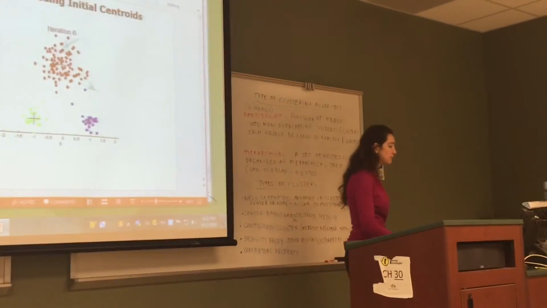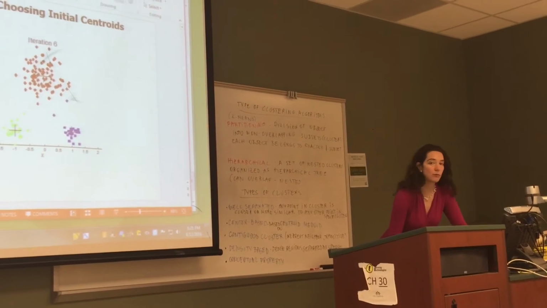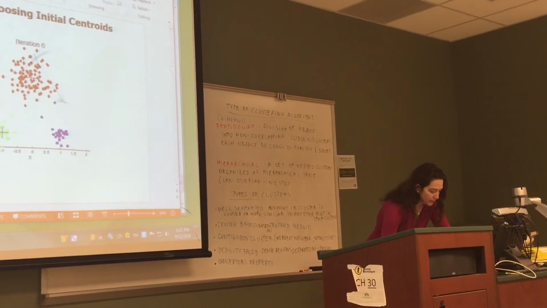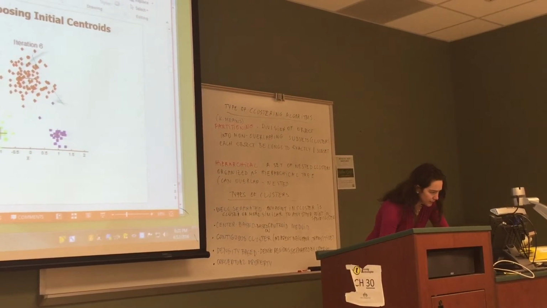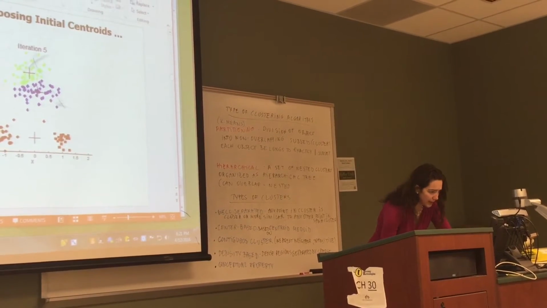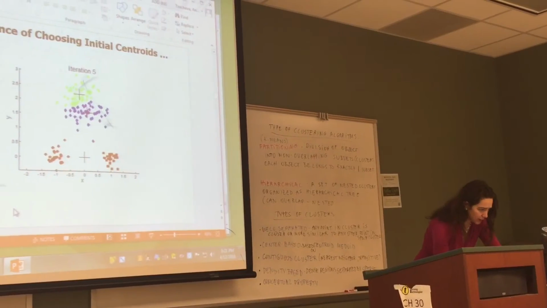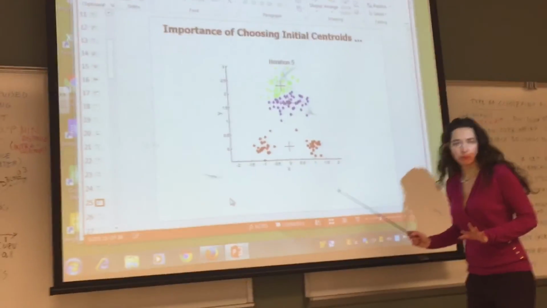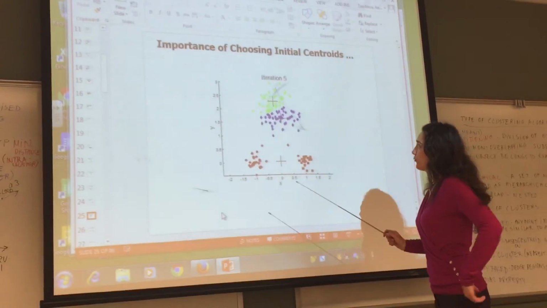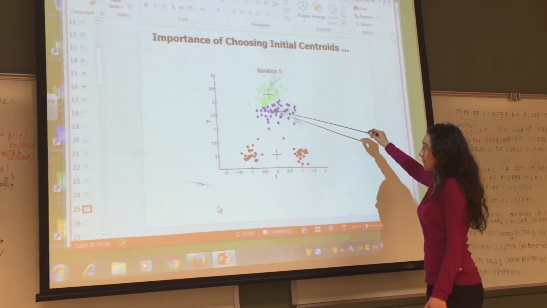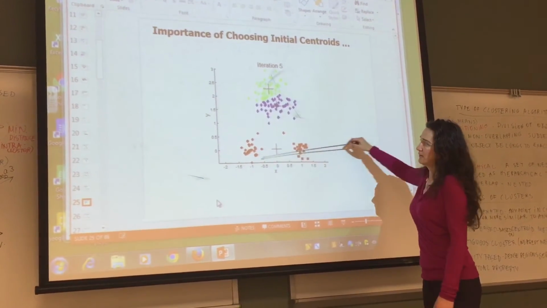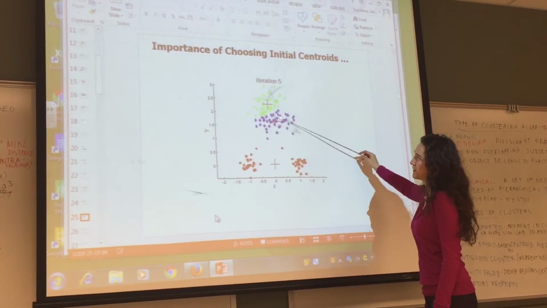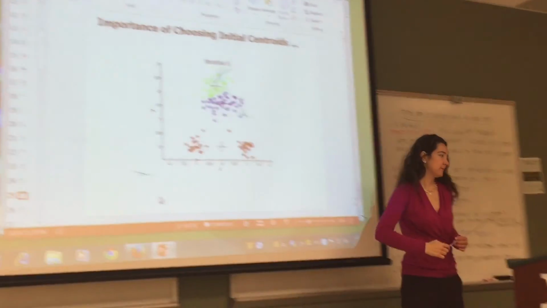But if we had chosen these initial random points in a different way, we could end up with different results. Because if they were randomly chosen other points, not the ones we saw first, we could end up with something like that. The red one is its separate cluster on the bottom, blue is in the middle, and green is on the top.